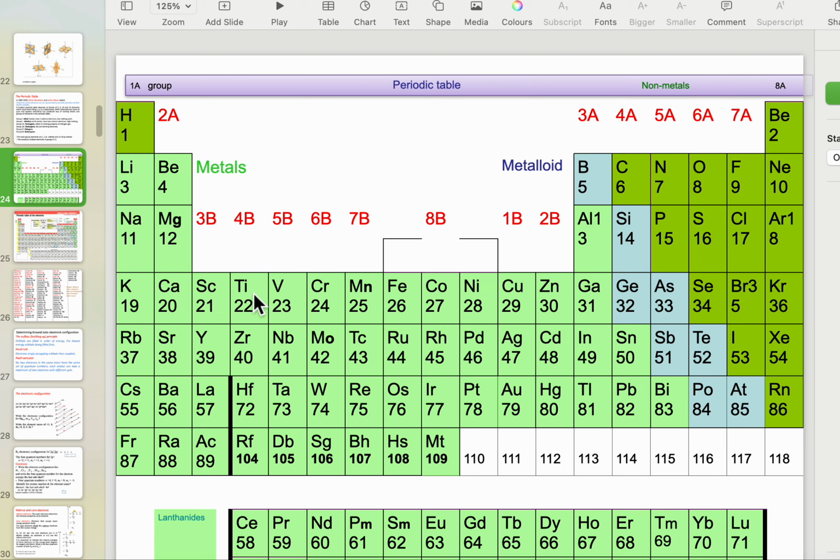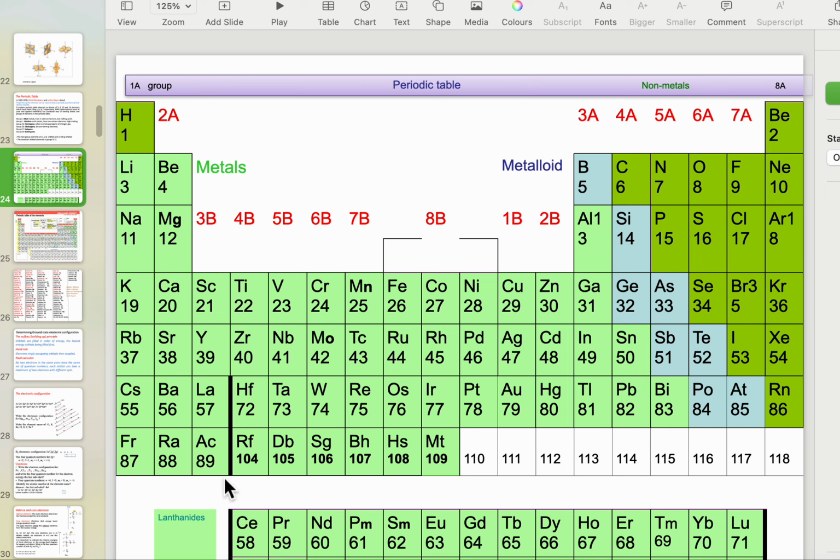Okay, so we move to the middle here. From scandium to zinc, atomic number 21 to 30, and this period as well, the fourth period, fifth period, all of these are transition metals. And the lower ones are the lanthanides and actinides, named after the elements lanthanum and actinium.